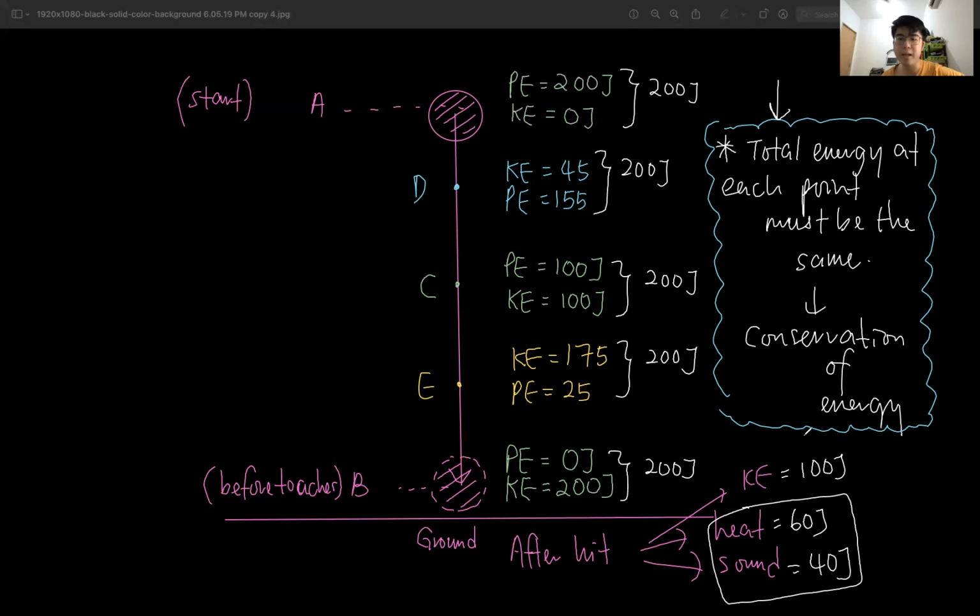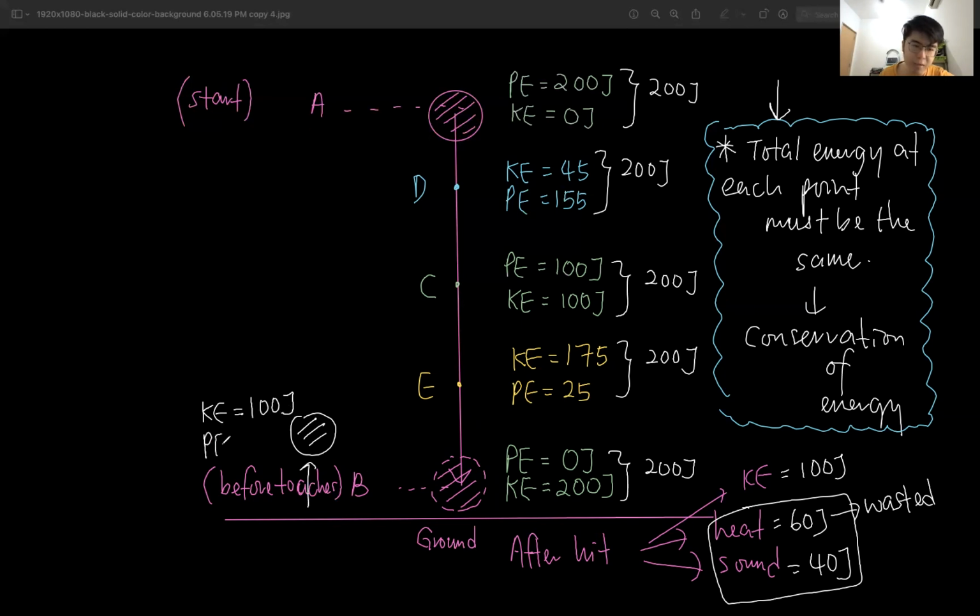So heat is a waste energy. We would say that these two energies are wasted. So when the ball rebounds, how much kinetic energy does it have now? Just when it starts to rebound, 100 joule.